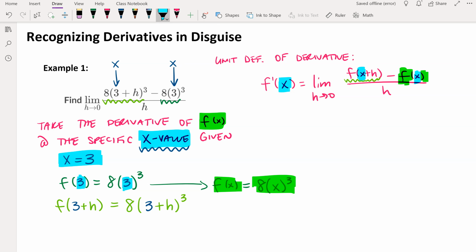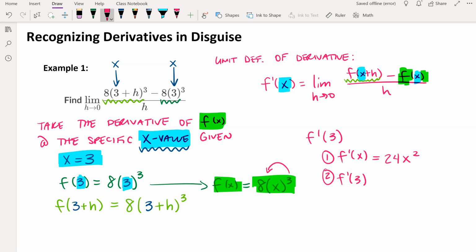So what is this question asking you to find? This question, put it together. This question is asking you to find the derivative f prime of 3. First step, find f prime of x. F prime of x equals, use the power rule, 24x squared. Second step, plug in 3.